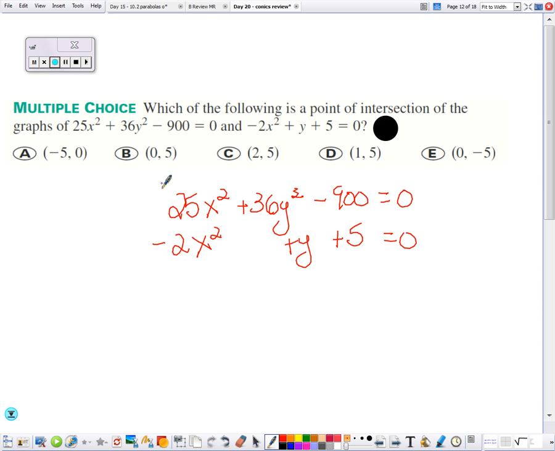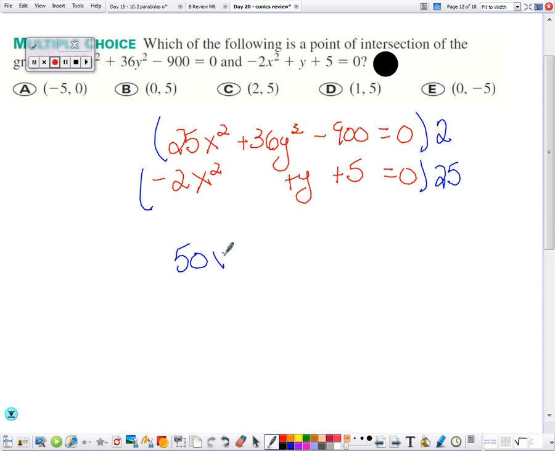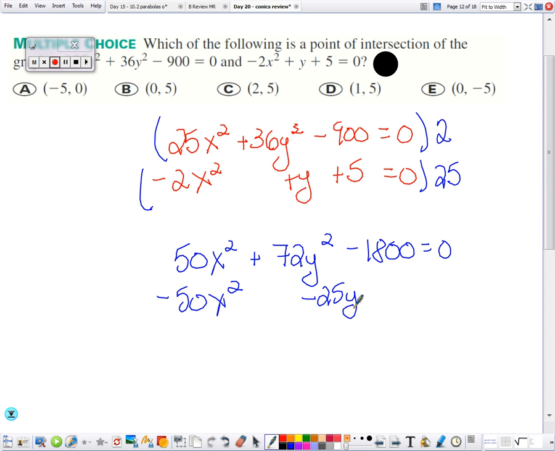So I'm going to multiply this one by 2, this one by 25. You could do this with substitution if you isolated the y here, but I didn't want to have to then square it here, which is why I decided to go this route. Doesn't look like it's going to be much better, though.